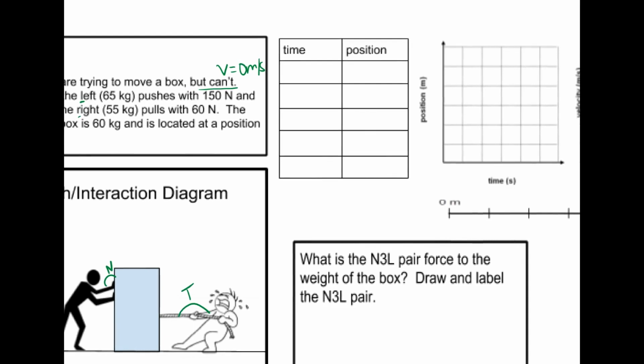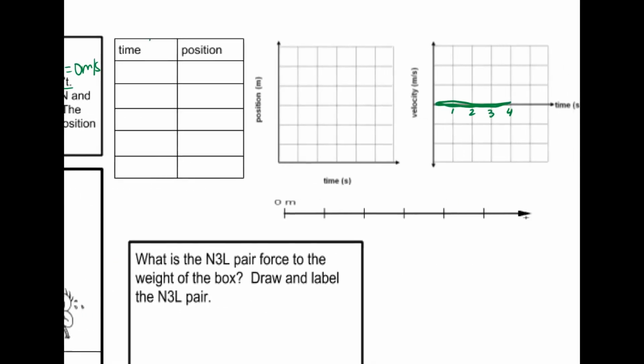And then here, at time, and this is meters, 0, 1, 2, 3, and 4, staying at 20 meters. So we can go 10, 20, 30, 40, 50, and for 4 seconds it is staying at 20 meters.